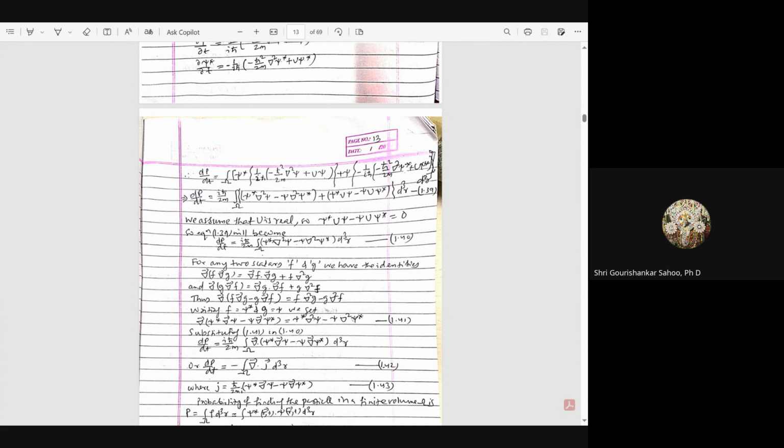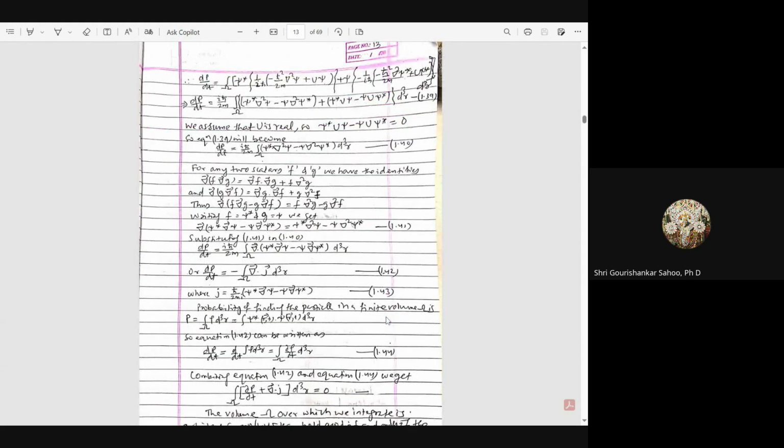So dP by dt is equal to i h cross by twice m integration over omega of psi star del square psi minus psi del square psi star plus psi star psi U psi minus psi U psi star, d³r. So you assume U is real, so psi star U psi minus psi U psi star is equal to 0. So you can write dP by dt is equal to i h cross by twice m integration over omega of psi star del square psi minus psi del square psi star, d³r.